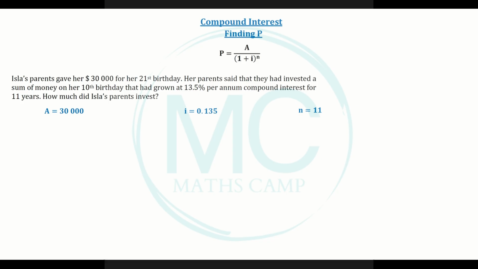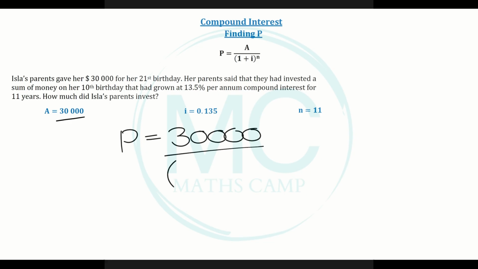Now that we have these values, let's put them into the formula. We can say P is equal to A, 30,000, all over the bracket of 1 plus I, 0.135, close the bracket, to an exponent of 11.